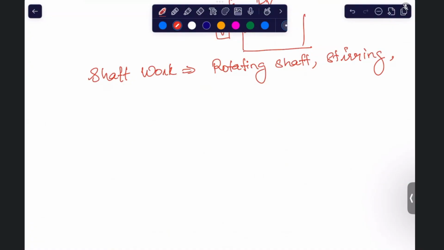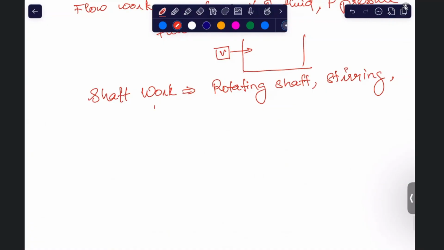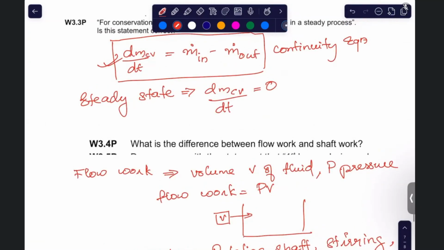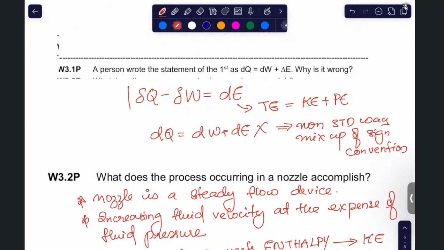If you are using mechanical means of transferring energy or work, that is called shaft work. So flow work and shaft work, I guess the difference is explained well.